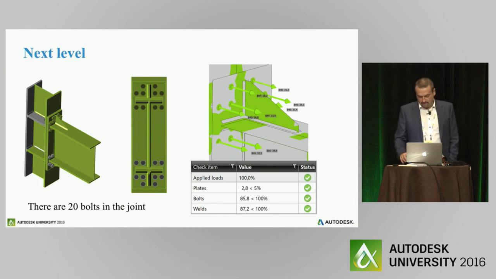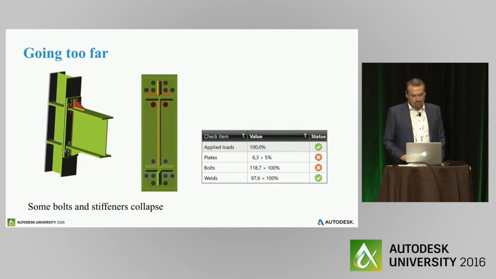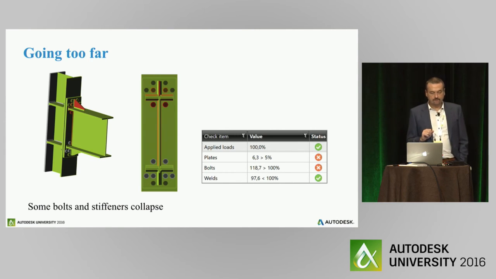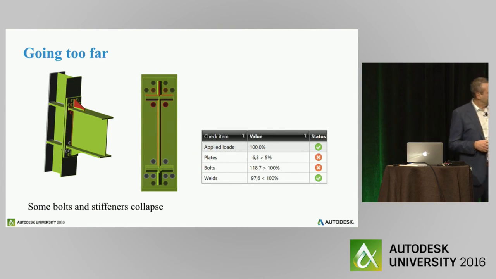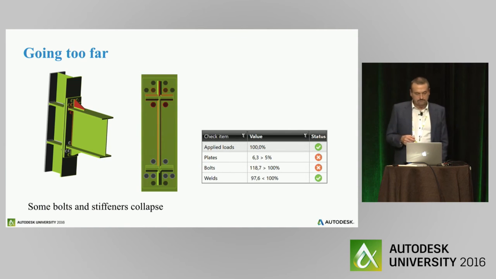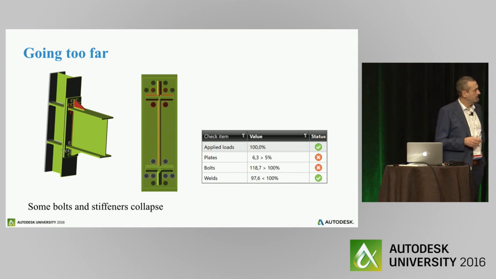But we can continue and try more, and we deleted also bolts in this row below the flange, and left there only one on each side. And now you can see in this traffic lights presentation that the red color appeared, and these bolts are red, several welds are red, and also the stiffener is plastified too much.